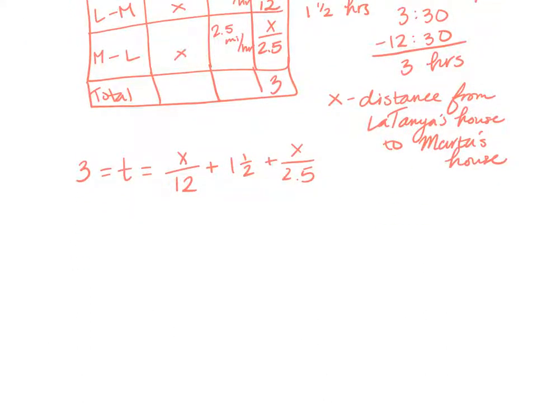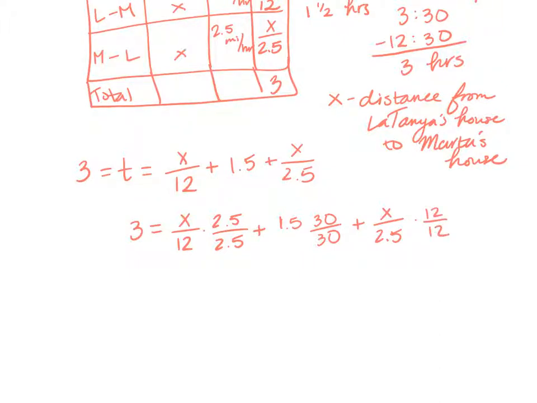So the first thing I'm going to do is get a common denominator on the right-hand side. We know that 3 is equal to 12 times 2.5, which is 30. So it's going to be x over 12 times 2.5 over 2.5, plus 1.5 times 30 over 30, plus x over 2.5 times 12 over 12.